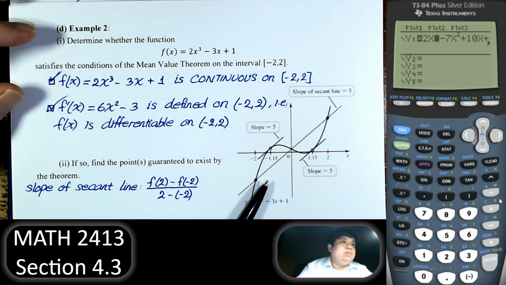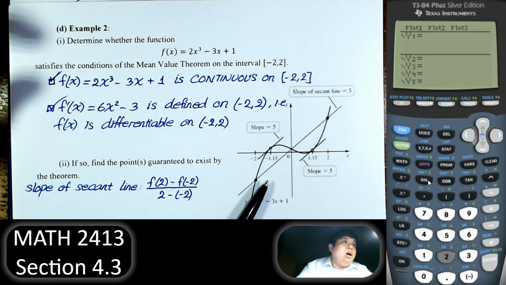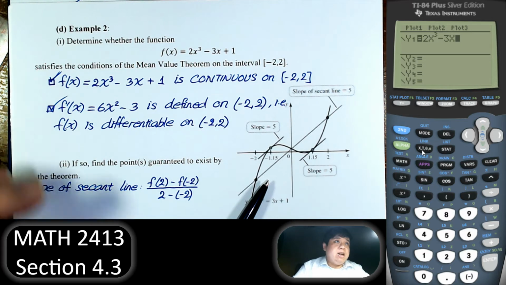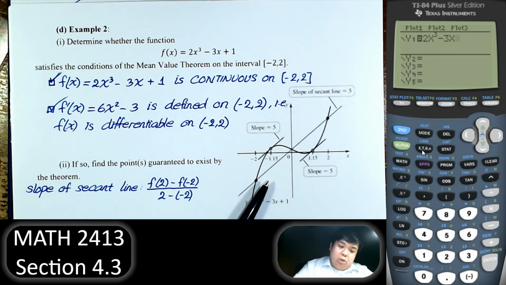2x cubed minus 3x plus 1. I should keep more space here. I'll do that in the notes, don't worry. Let's find the values.